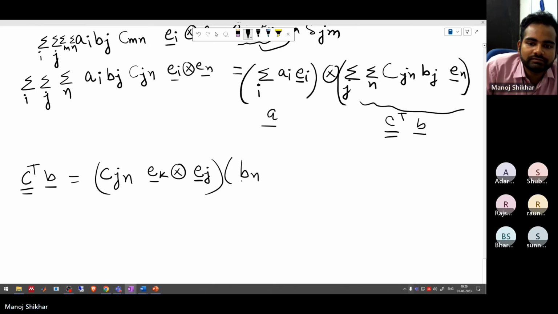We can write C transpose as CJN EN dyadic EJ, and we can write B as, let us take P, BP, EP.